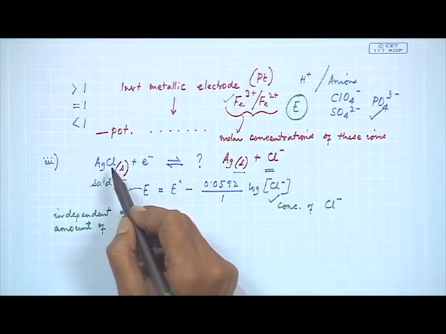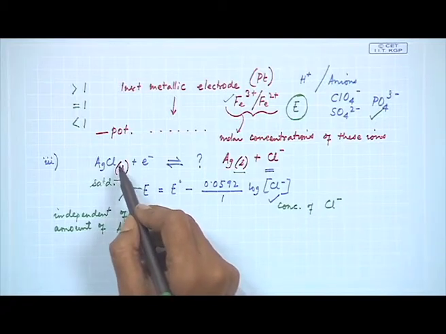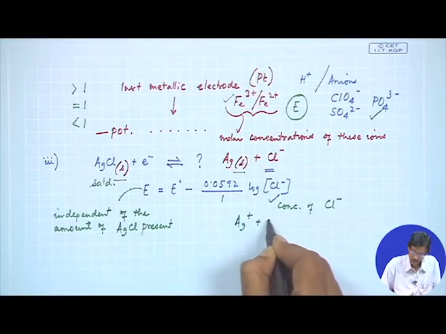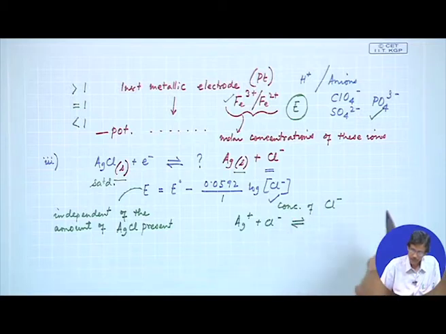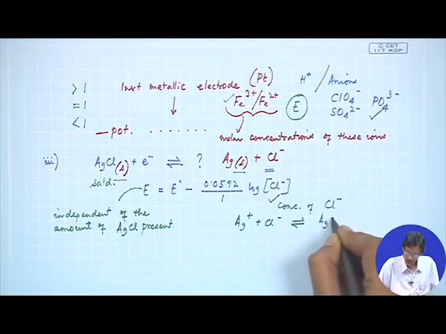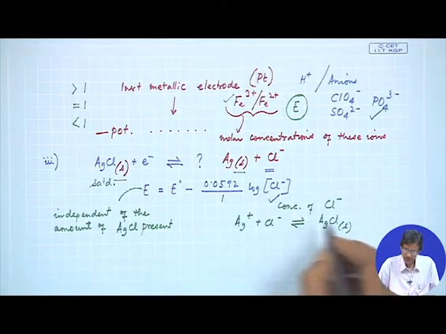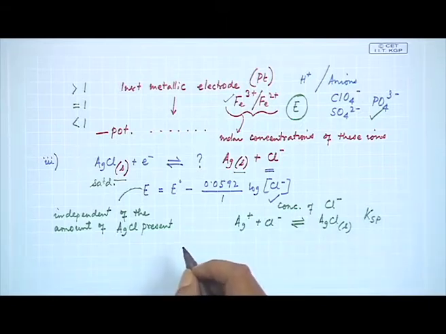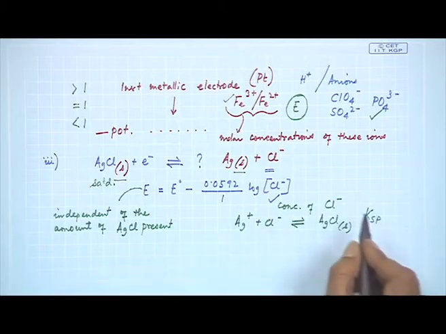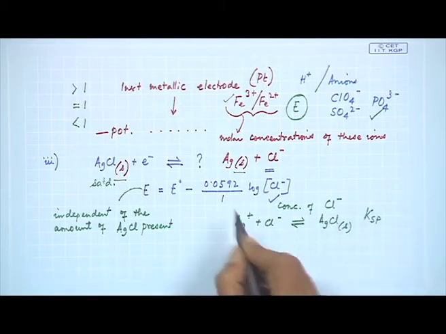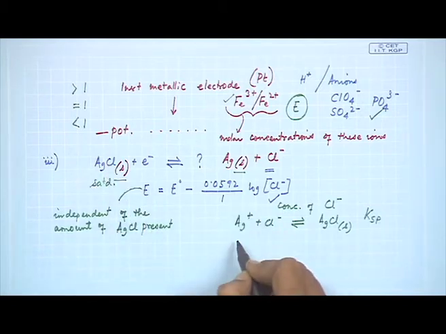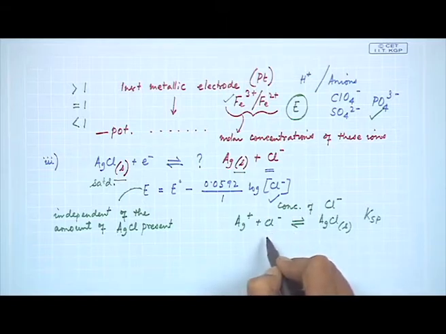If you have silver ion and the chloride ions, we get the reaction of Ag plus and Cl minus, and we all know that you have the solid silver chloride precipitating and separating out. We consider this in terms of the Ksp values, that means the solubility product values. So, the amount of silver ion, because silver ion is present in your solid silver chloride, is also dependent on the concentration of the chloride ion.